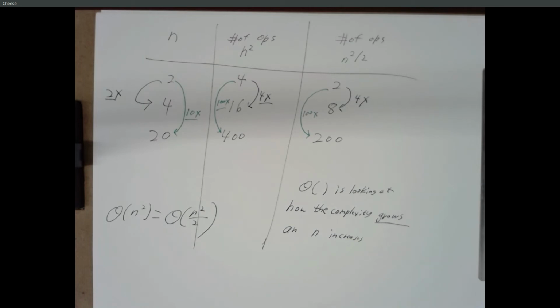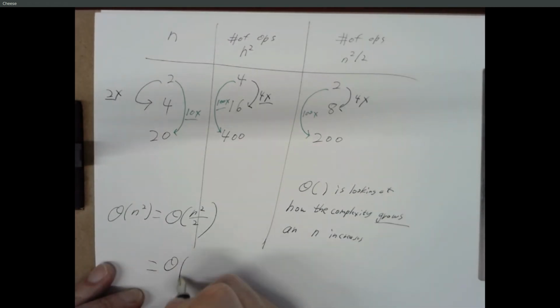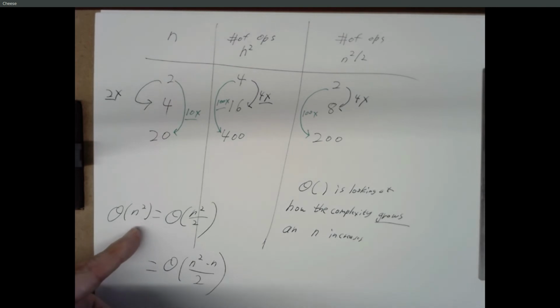Exactly. Which is why when we have order n squared minus n over 2, that minus n part is going to become less and less important as n gets big. So usually when we write a big O, if it's a polynomial, we're just going to use the leading term.